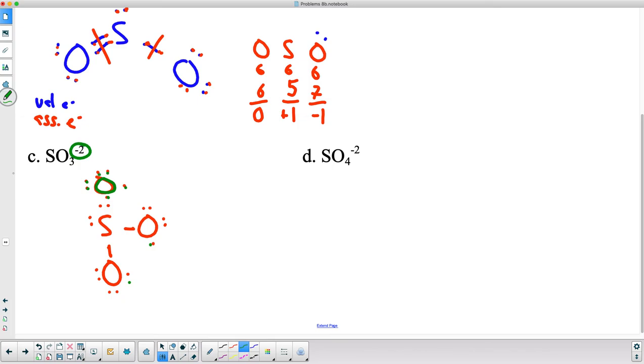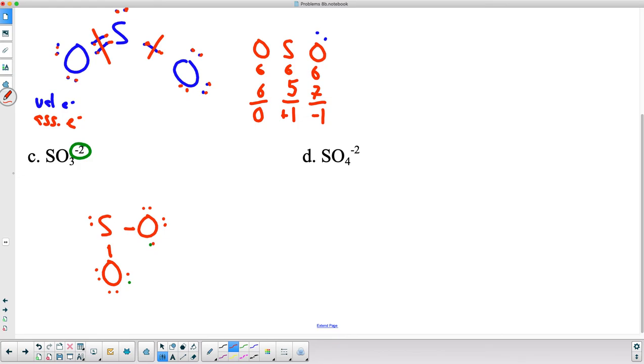So I'm going to make those 2, let's see if I can get this to work. I'm going to get oxygen, 2 pairs, and then the single, and I'm going to put them here so I can double bond this to sulfur. Now this is going to give us an expanded octet for sulfur, but well, maybe instead of a double bond there, maybe I can do this, and then that might give everybody an octet.